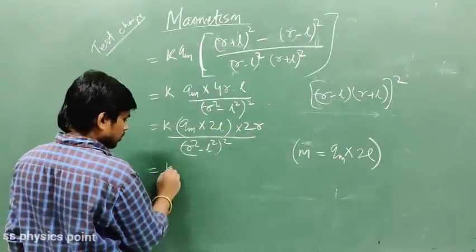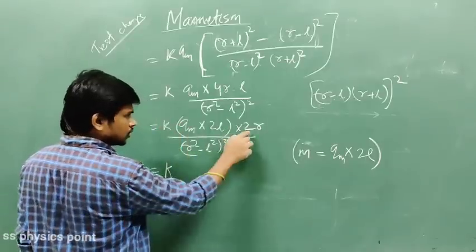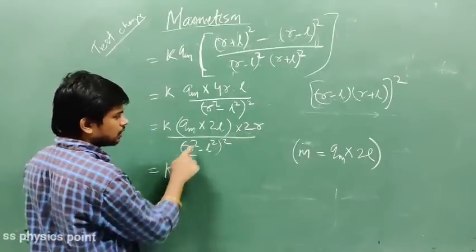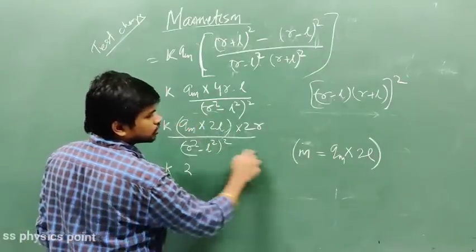So this will be k, this 2 I am taking to the front side, m into this. How much will it be? m.